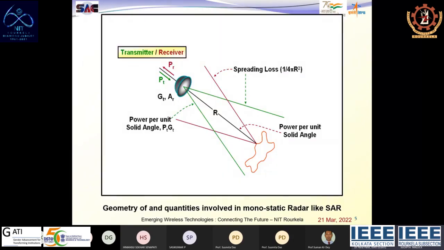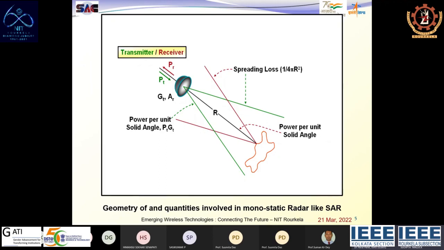Typically, as I mentioned, you have a SAR sensor and an antenna. It transmits the signal, it interacts with the target, and then you get the return signal back. You have to take care of the spreading loss, and depending upon the target's characteristics, you will start getting the signal back.